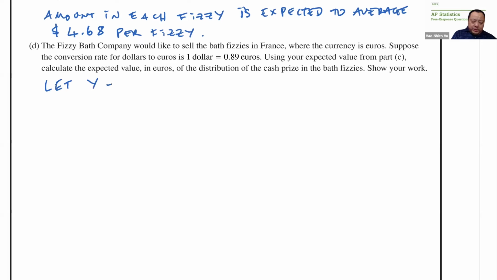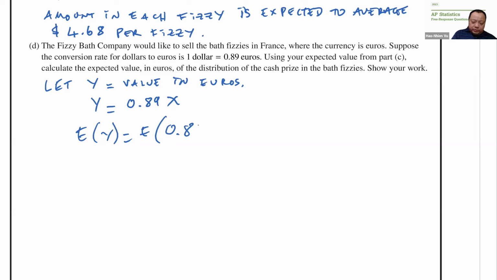If I let Y be the value in euros, then Y is 0.89 times X. So the expected value of Y is equal to the expected value of 0.89X. And then a property of expected value is that you can factor these coefficients out.